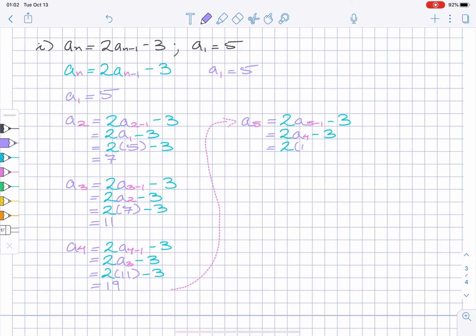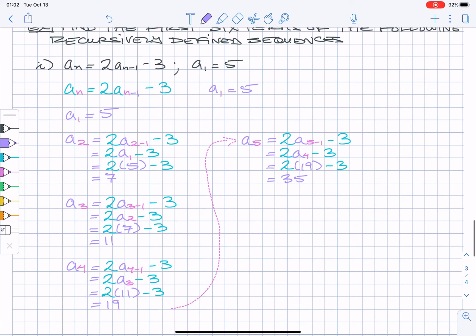We got 19, from which I'm subtracting 3. So this becomes, well, 2 times 20 would be 40, but I'm too shy, so that's 38. 38 minus 3 is going to be 35.